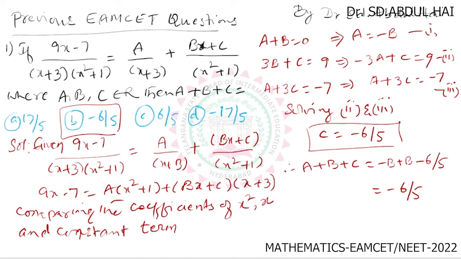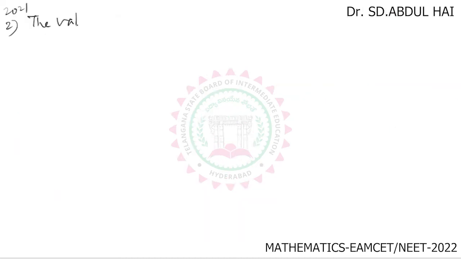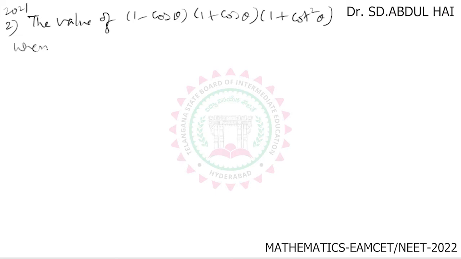Okay, is it clear? We are asking the value of 1 minus cos theta into 1 plus cos theta into 1 plus cot square theta, when theta is defined as pi by 50.